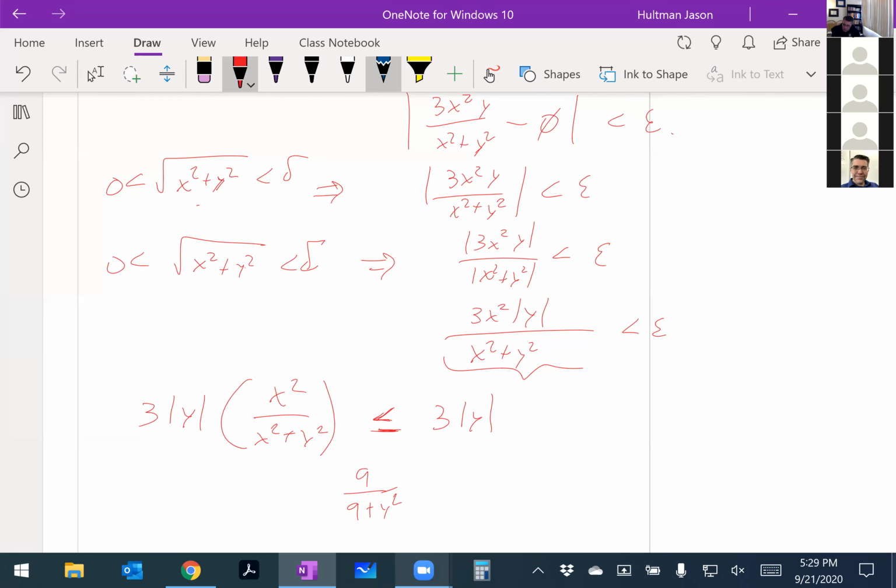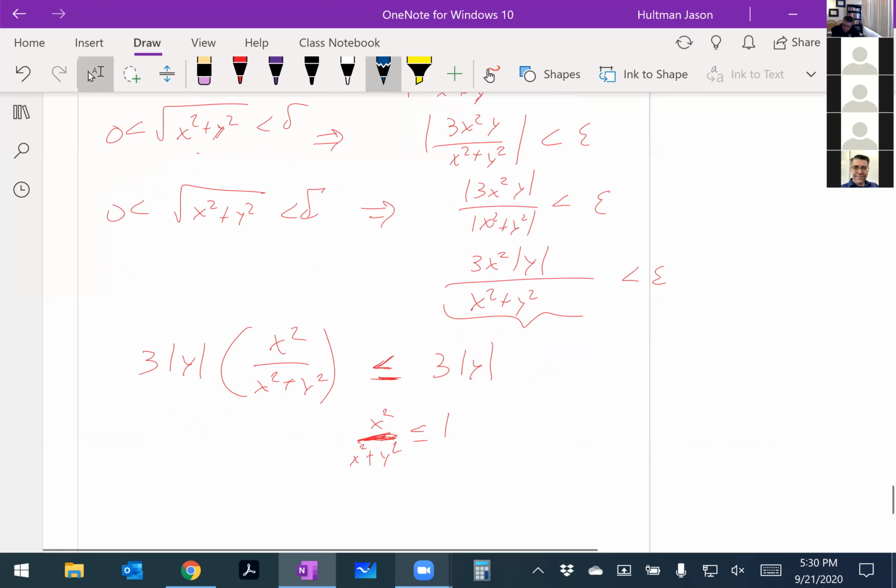That's always going to be less than or equal to 1. Does that make sense? So x squared over x squared plus y squared is always less than or equal to 1. It's bigger than 0, less than 1. Okay, make sense?